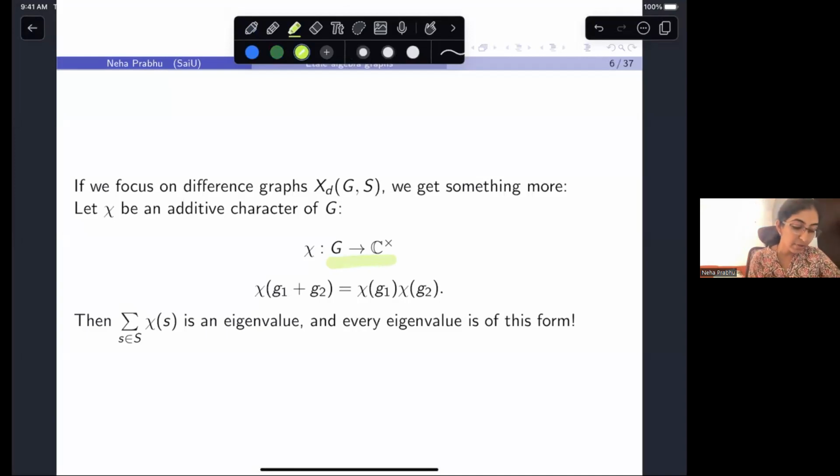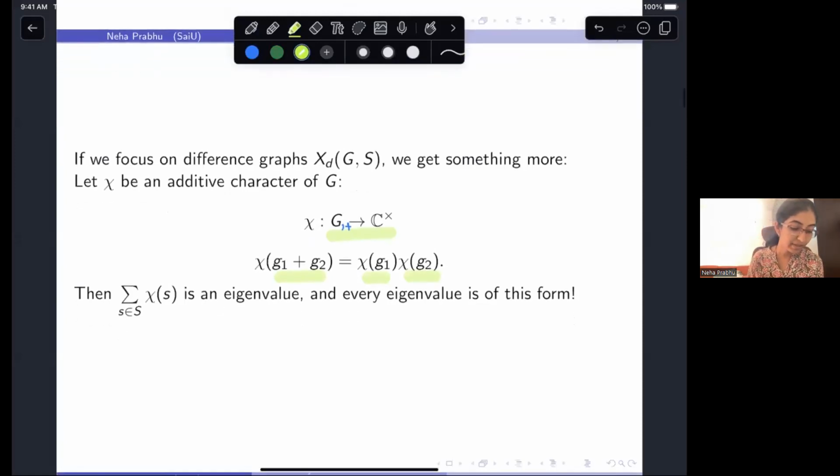Since we are viewing this with addition as our group operation, we have G1 plus G2 here, not G1 dot G2. But on this side, we have C cross, so it's chi of G1 plus G2 equals chi of G1 times chi of G2. Any map that satisfies the fact that it's a group homomorphism is a character. And just a fact that if you have a finite group, you'll have as many characters as there are elements in that group. When we're in the finite setup, everything is good.